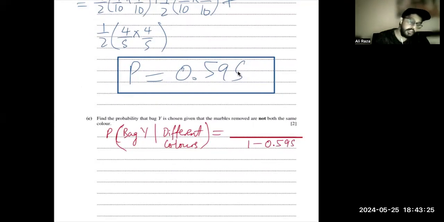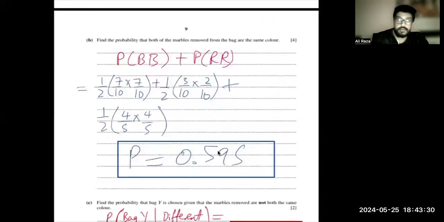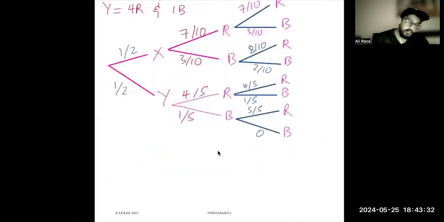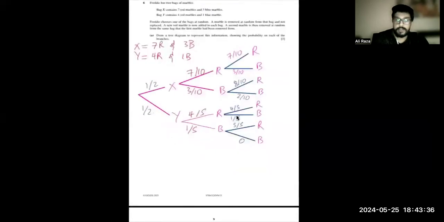Now different colors with bag Y would be 1 upon 2, 4 upon 5, 1 upon 5, and 1 upon 2, 1 upon 5 into 5 upon 5. So red, blue, and blue, red.